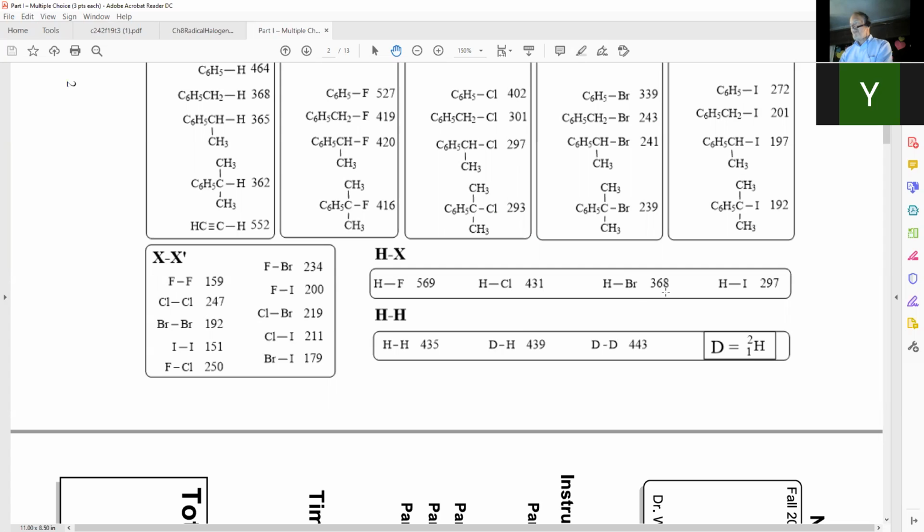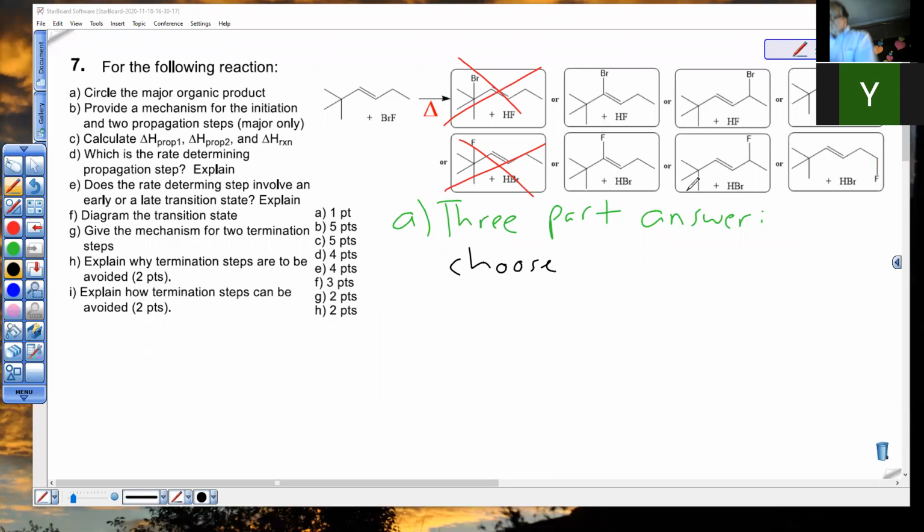Cross off every box with HBr in it. It's slower. I'm going to write that down. Choose the HX forming that is faster. This is the first thing you do. It's going to get rid of half the answers that are remaining.